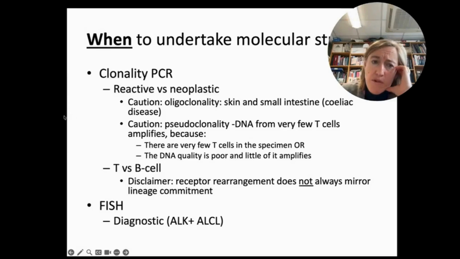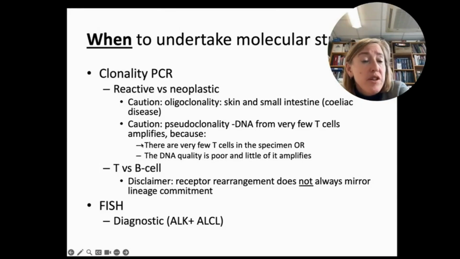There are people who use clonality to say whether there's a T or a B cell receptor rearrangement as a method for assigning lineage. And most of the time, that's perfectly correct. But sometimes the lineage you assign on that basis turns out to be different from the lineage you would assign from other phenotypic features.